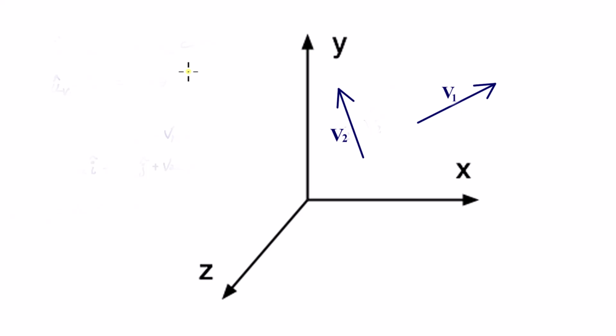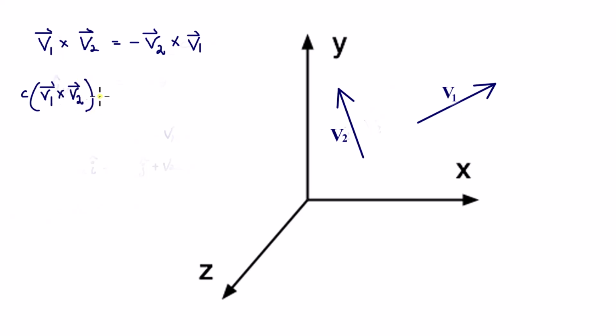Okay, what about properties of the cross product? We already mentioned that V1 cross V2 is minus V2 cross V1. What if we have a constant times V1 cross V2?